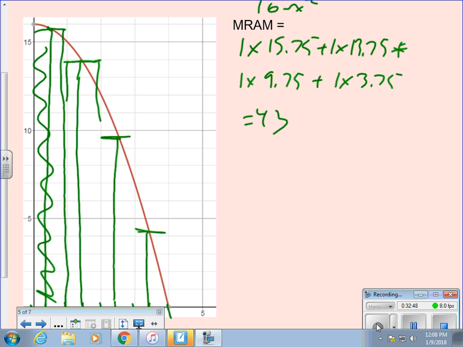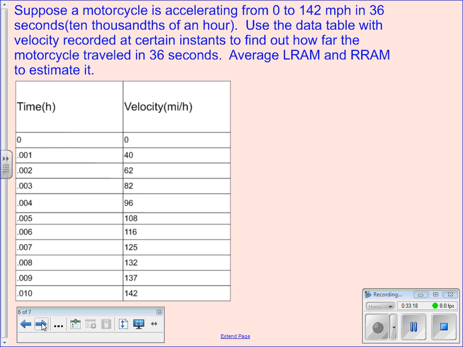At some point, the number of subintervals you break it up into becomes unwieldy and not worth it. You're not going to be that much more accurate. Most of the ones you're going to do are 4, 5, 6, and you're going to be close enough for anything that we need to do in here. Okay, now, this is great. We got curves, we got equations. This is not the way you will most often see it being done on the AP exam. They will do it with a table of values.